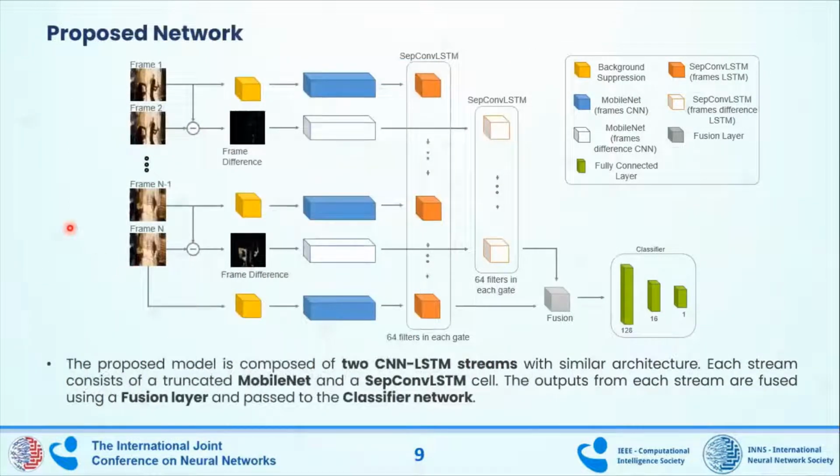Let's look at the proposed network of our system. The proposed network consists of two CNN-LSTM architectures with similar configuration, and each stream contains a truncated MobileNet and a separable convolutional LSTM layer. The outputs from each stream are fused using a fusion layer and passed to the classifier network for classification.